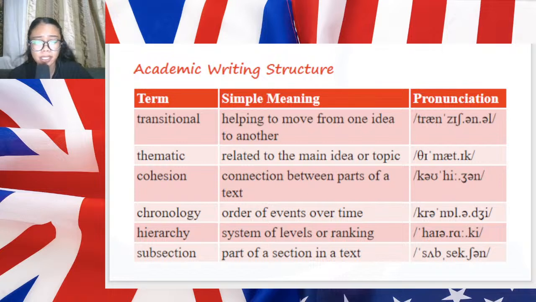Next to that is hierarchy. This is a system of levels or ranking. It describes a system where things or people are arranged in order of rank, importance, or power.